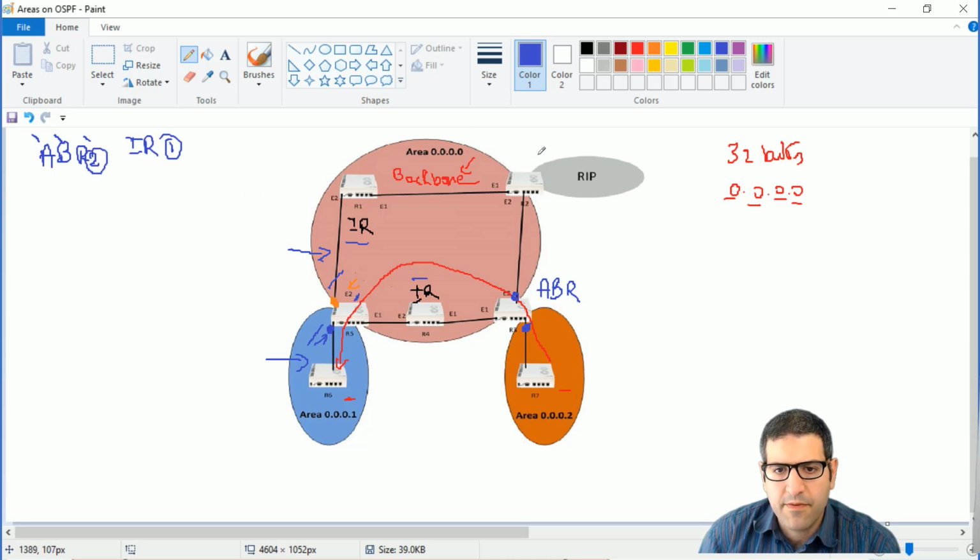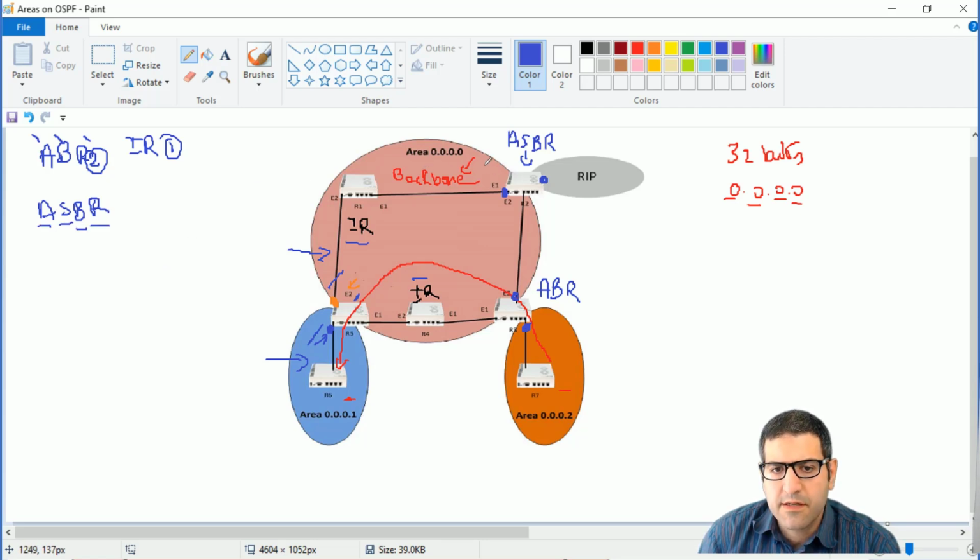The third type of router we have is this router over here. It has an interface on the backbone area and another interface inside another network, which is in this case RIP. RIP is a routing protocol like OSPF. So this router works on two routing protocols, and in this case this router is called an ASBR, Autonomous System Border Router.